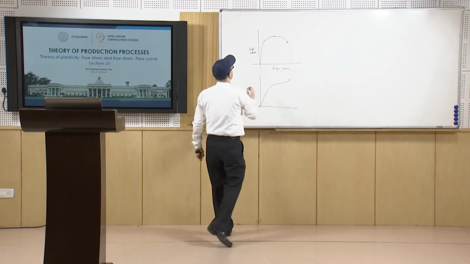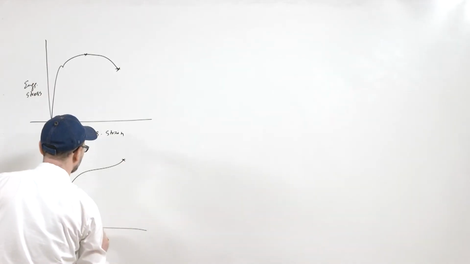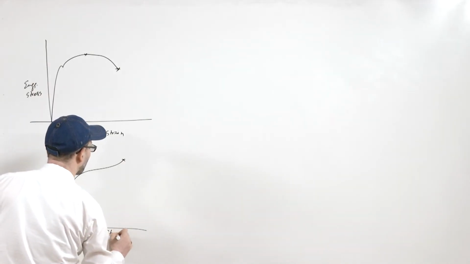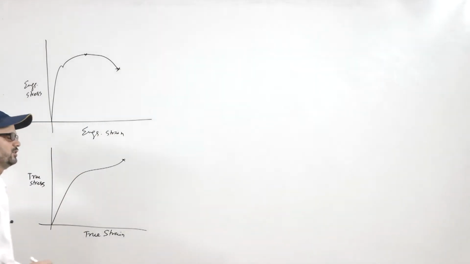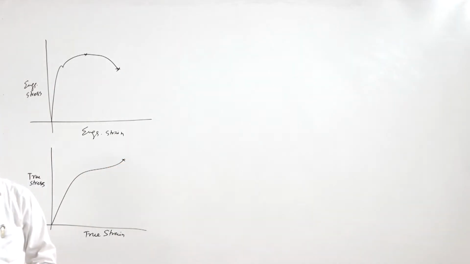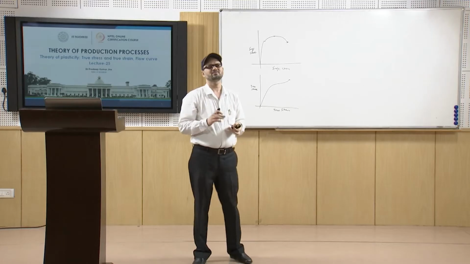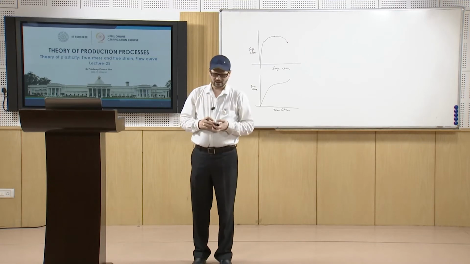So this is basically the true stress true strain curve. So you have some proportional point, and then further it will go on, and then this will be the fracture point where it will fracture. So that is the basis of the true stress and true strain.